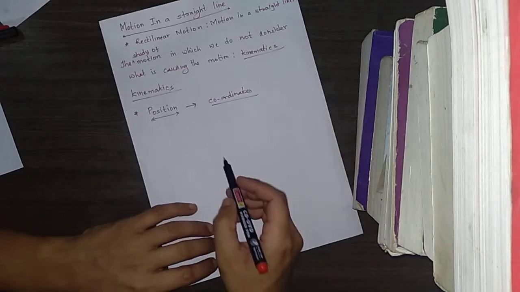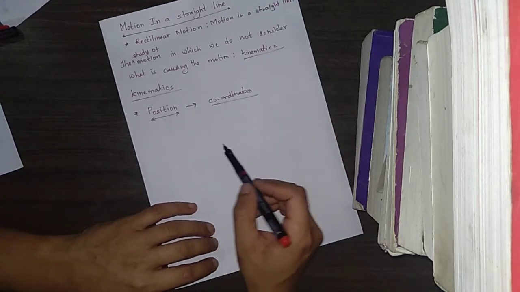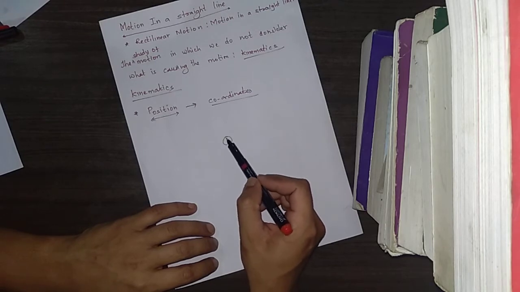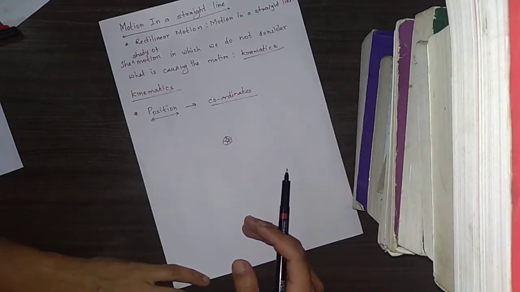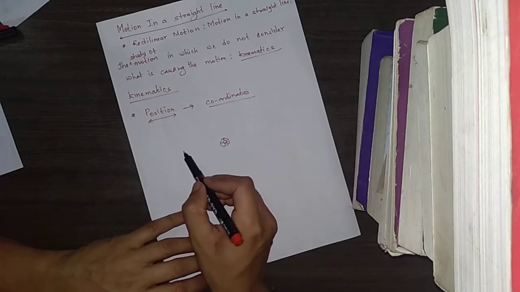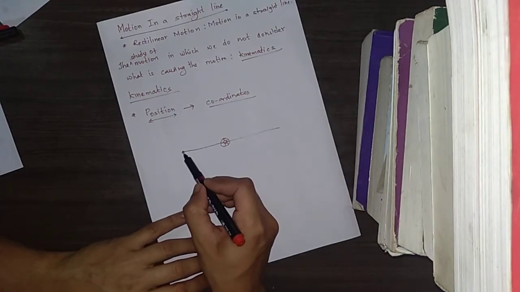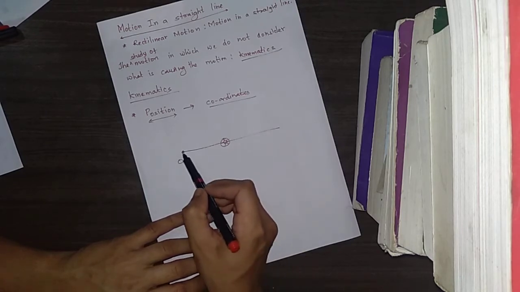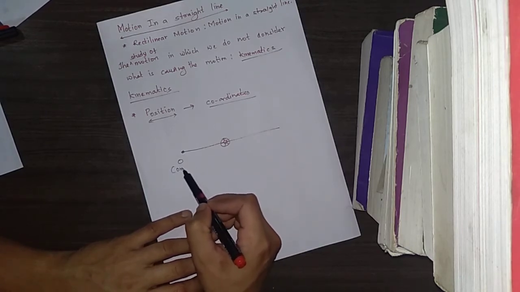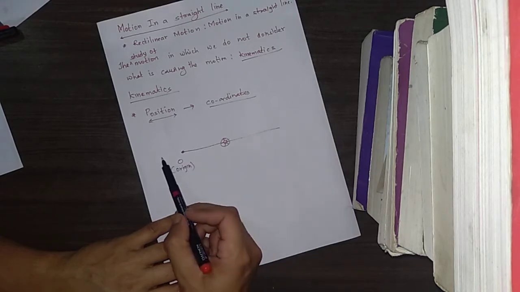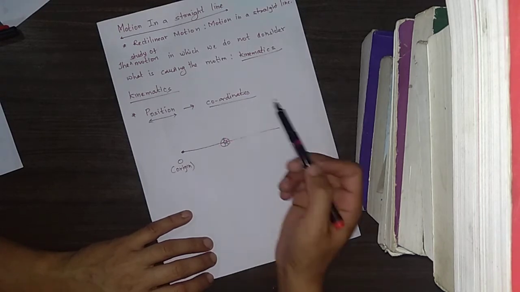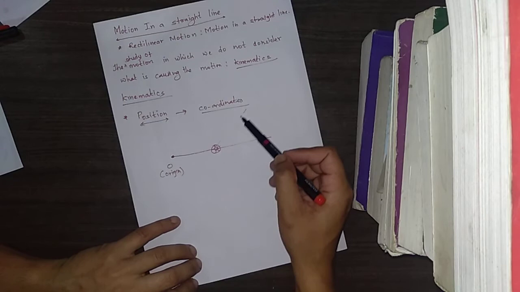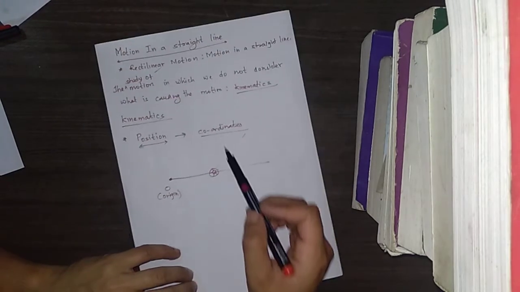For example, suppose I have a ball this way. I have to specify the position of this ball, where this particular ball lies. So in mathematics, we will make a straight line and give 0 to be the origin. You can give origin to any point, but the line should be straight because we are dealing with rectilinear straight line motion.